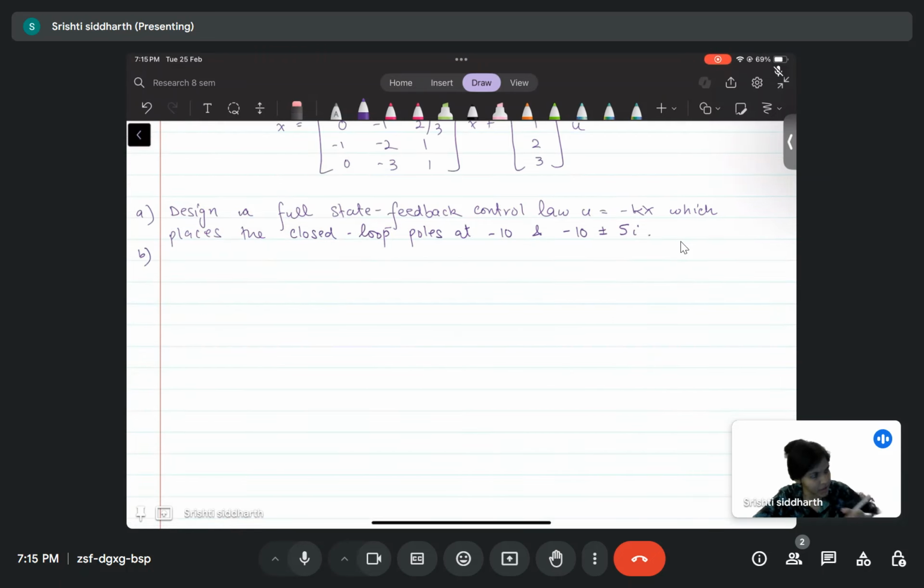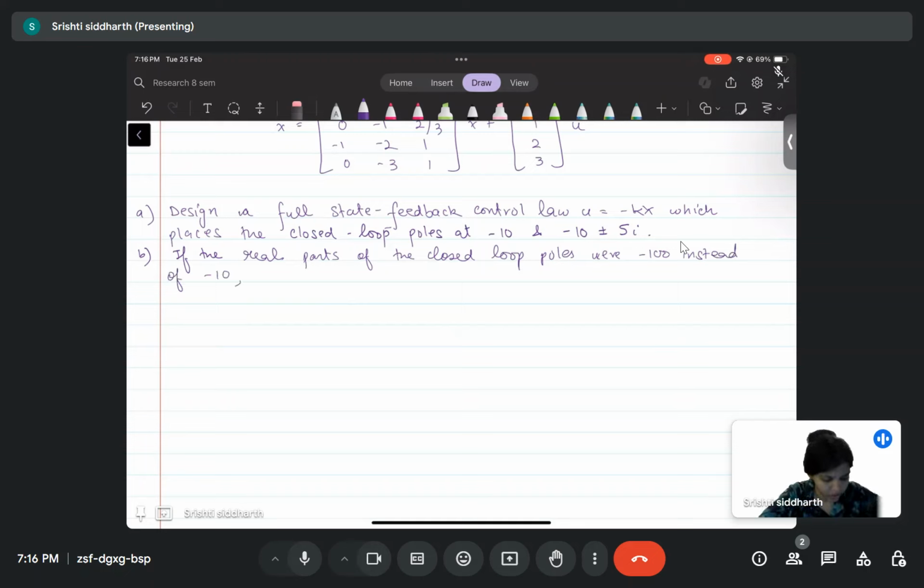And then the second part is, if the real parts of the poles are moved to minus 100 instead of minus 10, then what would happen to the control gains?